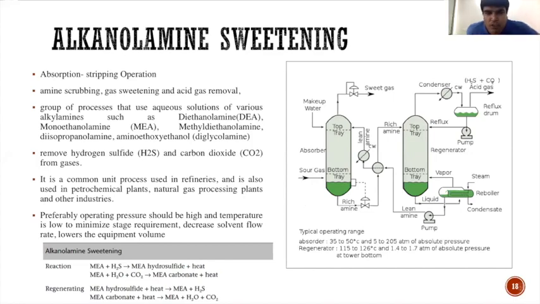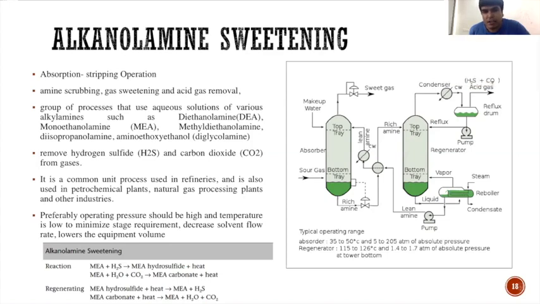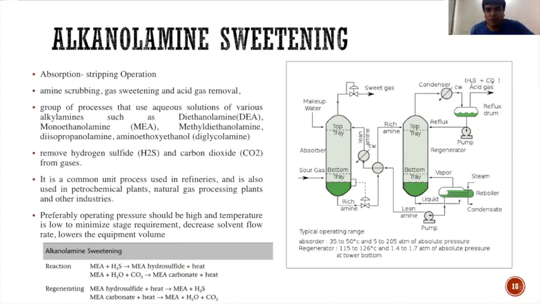So two compounds are generated, MEA hydrosulfide and MEA carbonate, right? Here the H2S and CO2 are not separated as such; however, they are carried away by the amine, right? Now this has to go to the regenerator column, where the MEA hydrosulfide along with heat will convert into H2S and CO2, right? So this is the typical process in an alkyl amine system.